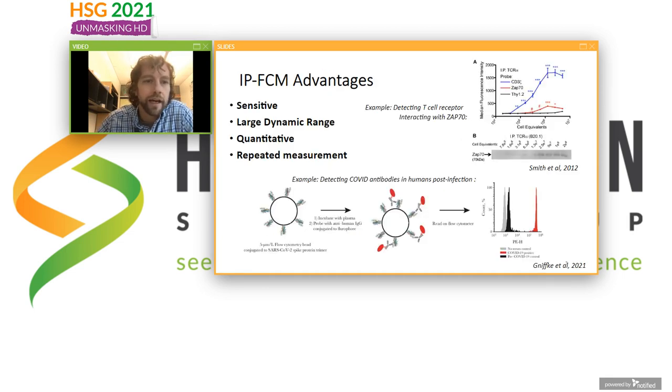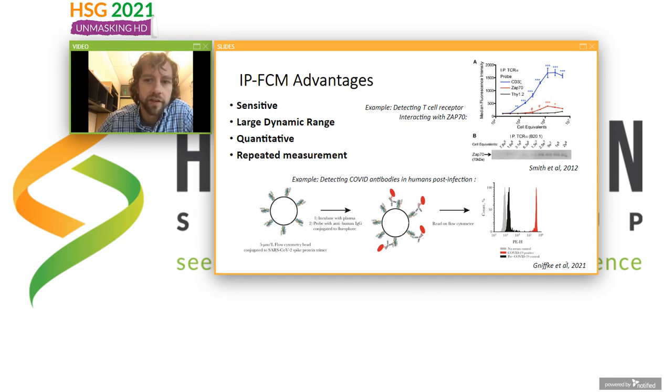Now, my lab has specialized in using IPFCM for various reasons. One example here on the right is we can detect protein-protein interactions. This graph shows us detecting a physical protein-protein interaction between the T cell receptor, CD3, and a co-associated protein, ZAP70.